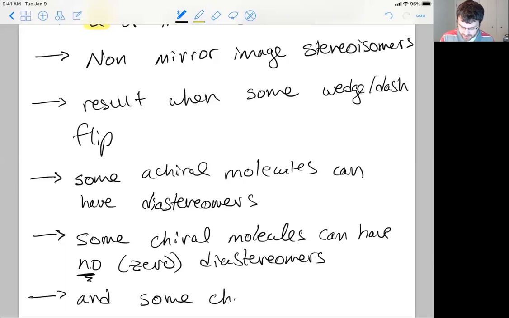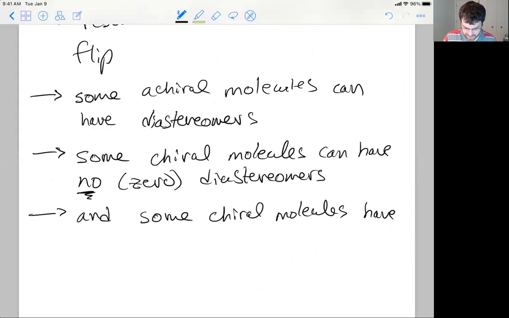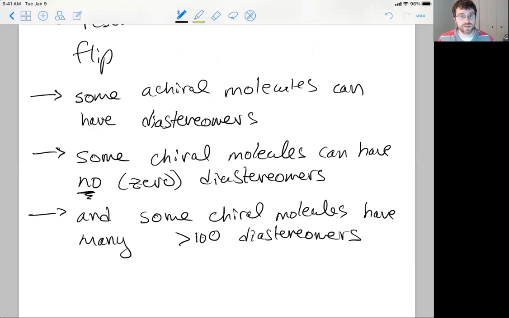So some chiral molecules have no diastereomers, and some chiral molecules have many. I mean, like 256, that high. That's fine. Some chiral molecules have many, more than 100 diastereomers. So it's sort of weird.